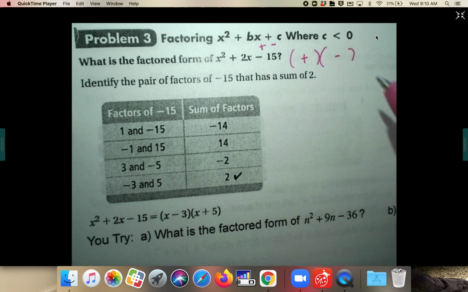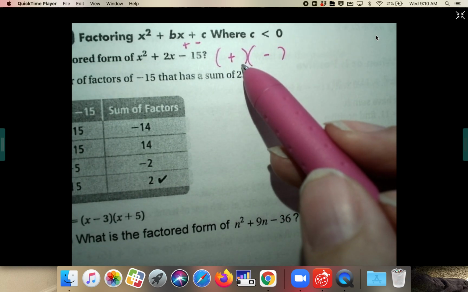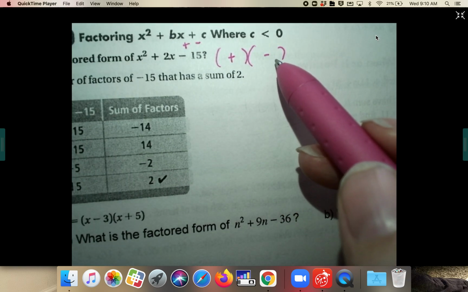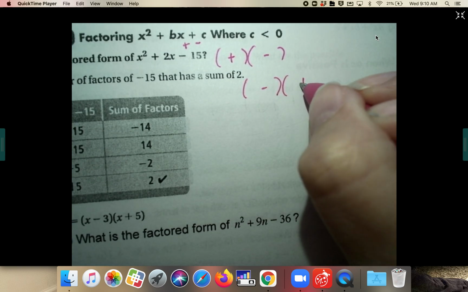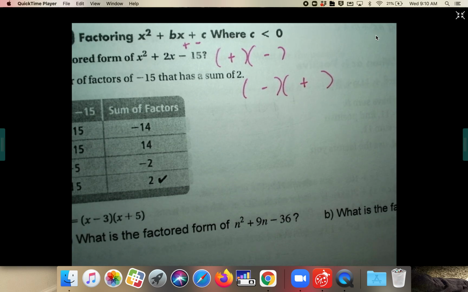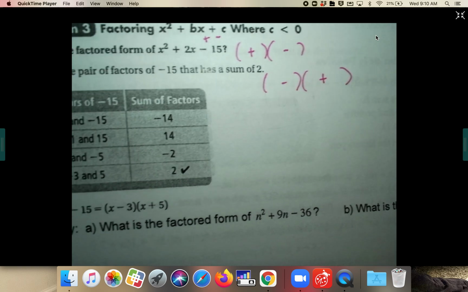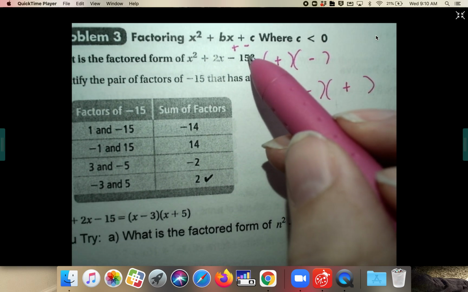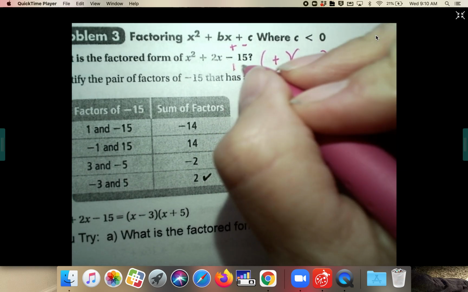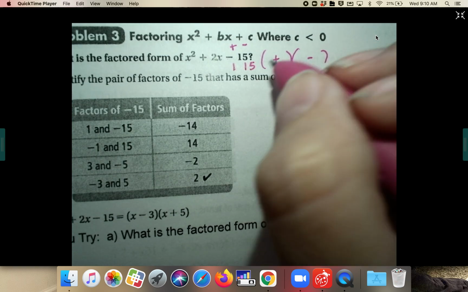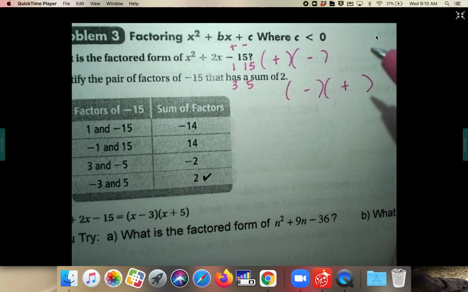And it doesn't matter whatever you get, if you write the plus one first and the minus one second, or if you flip-flop it and write the one that was subtracted first and the one that was added second. The order of these getting multiplied doesn't matter. So let's think about the factors of 15. So I can think of 1 and 15, 3 and 5, and that's it.